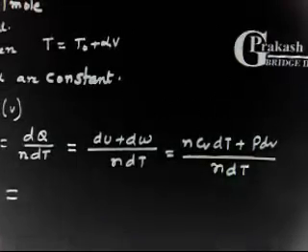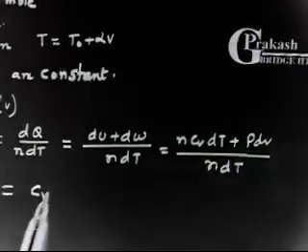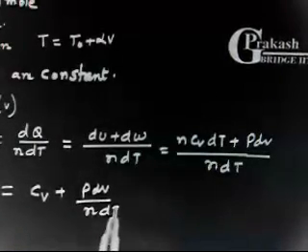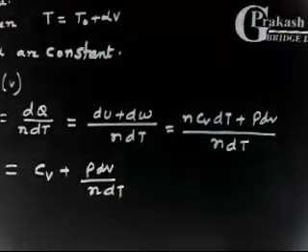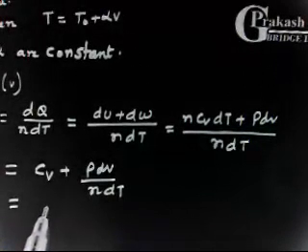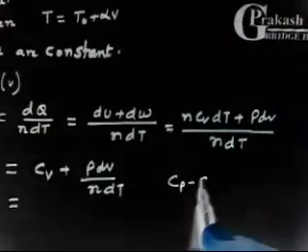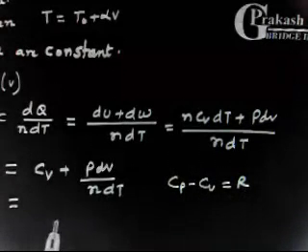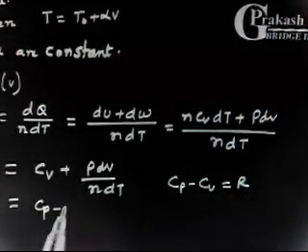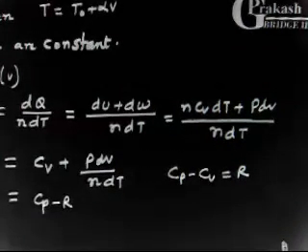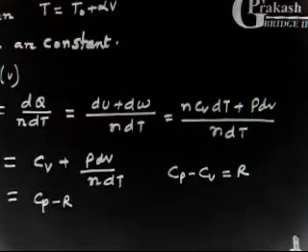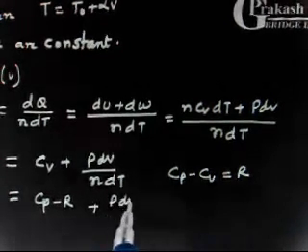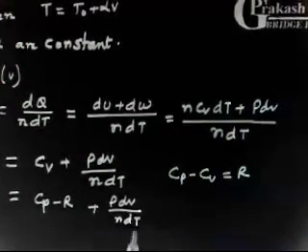So n dT goes out, and we have Cv plus P dV divided by n dT. And Cp is given, and everybody knows for an ideal gas Cp minus Cv is equal to R. So Cv is Cp minus R. Then I have to eliminate P dV divided by n dT.